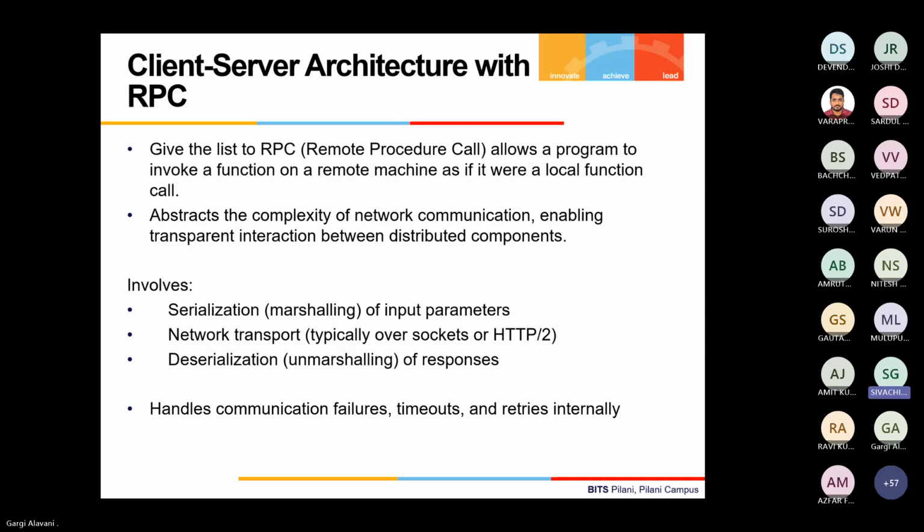Now, can anyone tell me which architecture you think is better, master slave architecture or client server? I have one question here. Can we say that master slave architecture with RPC is the client server architecture? You can.